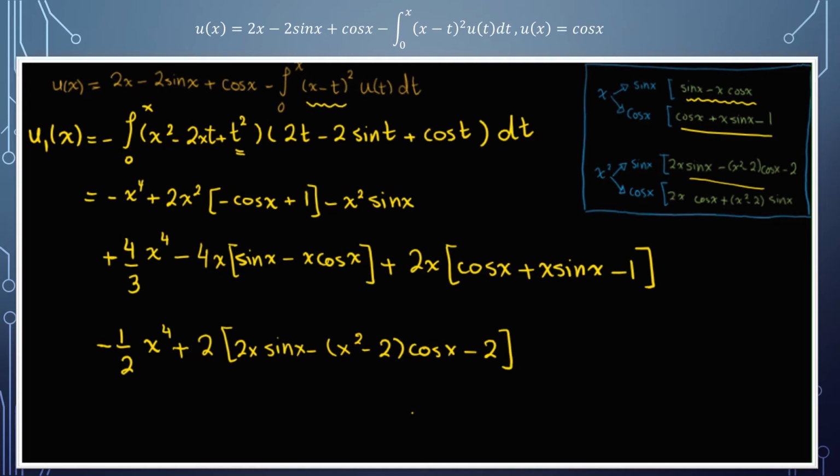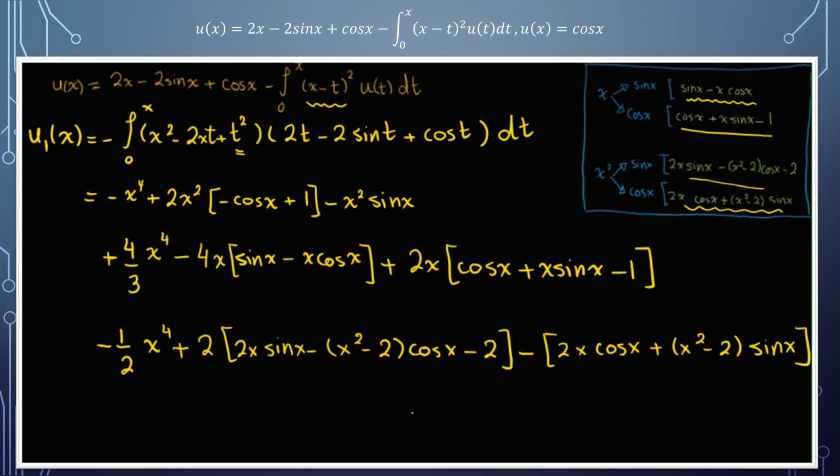Okay, and then again the minus outside, and here it's plus next to t squared, and next to cosine it's positive, so we write minus the integration of t squared cosine t, which is this part. We have to write it down, 2x cosine x plus x squared minus 2 sine x.